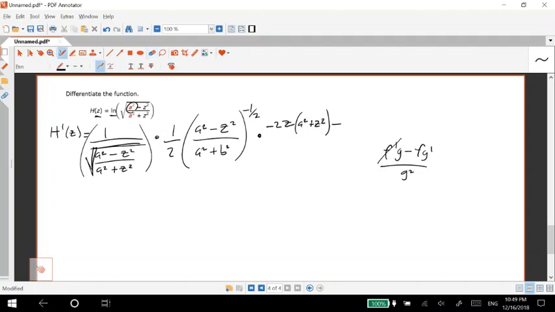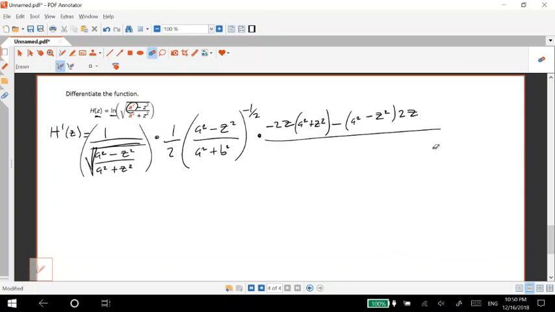Okay, minus f being the numerator, a squared minus z squared times g prime, which is the derivative of the denominator. Remember, a squared is constant, so then we have 2z. And all of that over g squared. So g squared is just going to be our denominator squared. So a squared plus z squared squared.